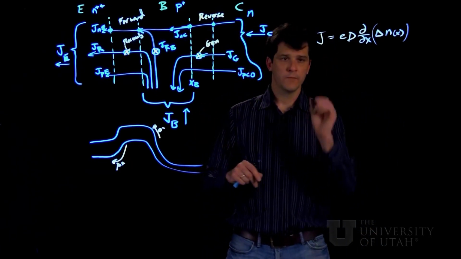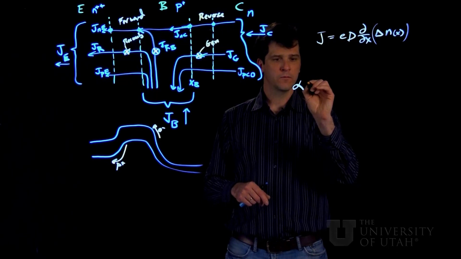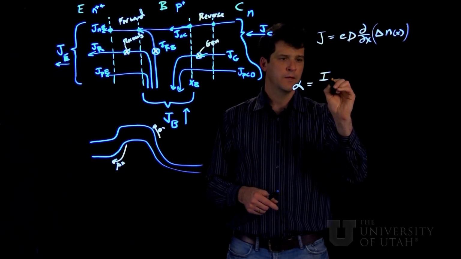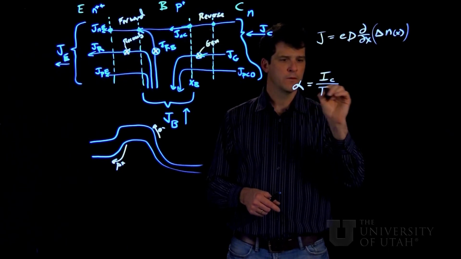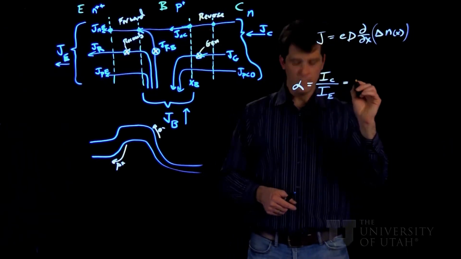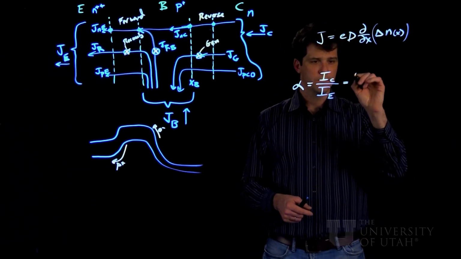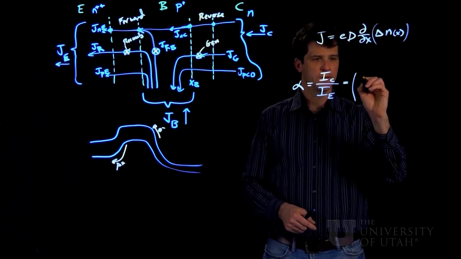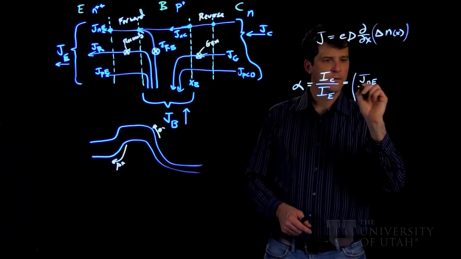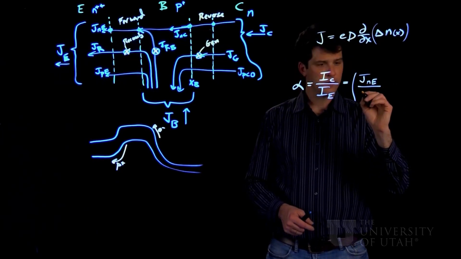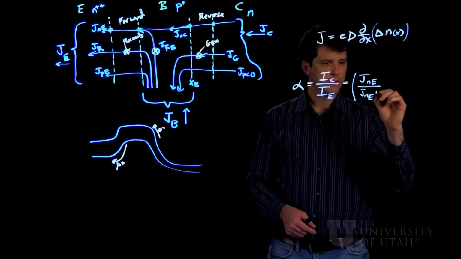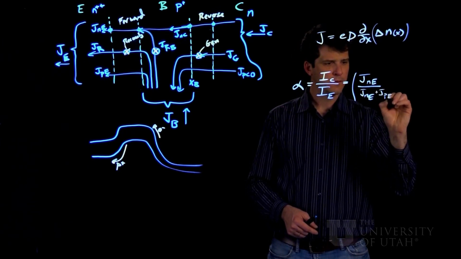So let's just skip to the summary of what determines alpha. It's defined as the collector current over the emitter current, and there's a whole bunch of things we need to sum up here. So we've got our injected current JNE over JNE plus JPE.